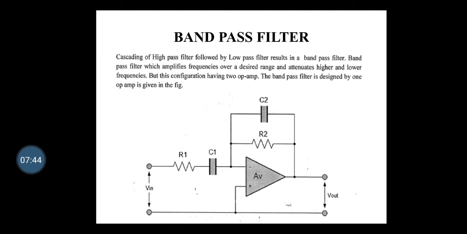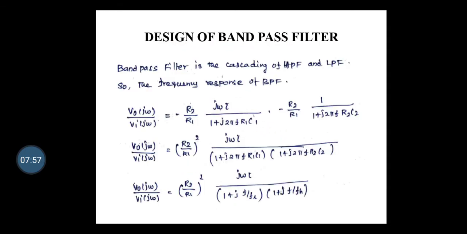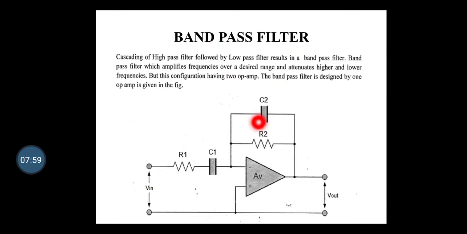The band pass filter designed by one operational amplifier is given in the figures. So here is the arrangement for low pass filter, here is the arrangement for high pass filter. These two will be cascaded to form the band pass filter. So using the band pass filter, the required cutoff frequency range will be passed purely, that is it blocks the unwanted signal.